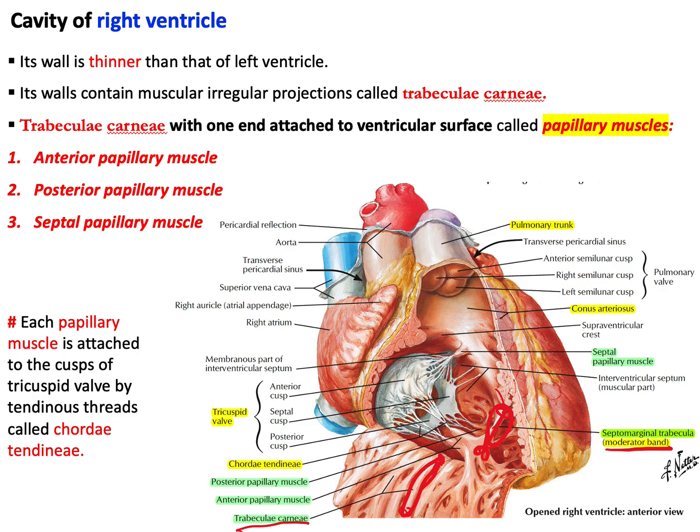So this part, indeed, let me show you. This moderator band is also known as the septomarginal trabecula, because this trabecula is connected to the septum here, the interventricular septum, and to the margin of the papillary muscle, to the base of the papillary muscle.